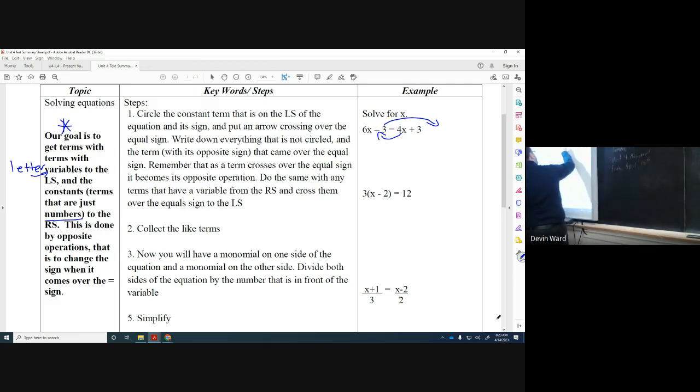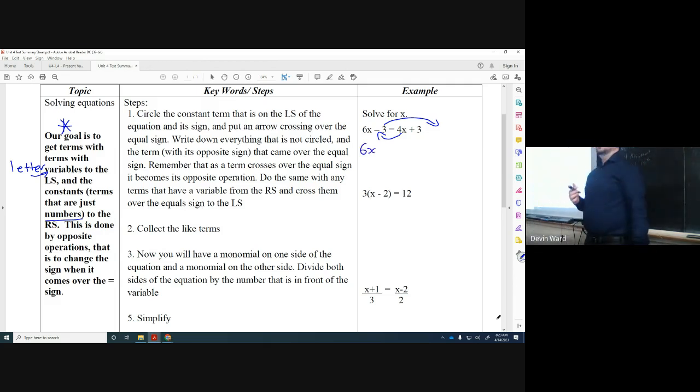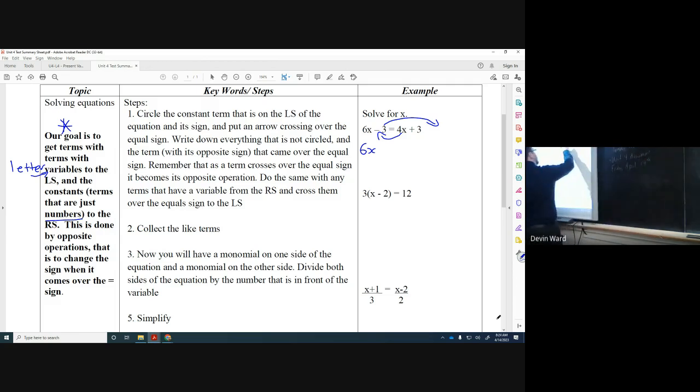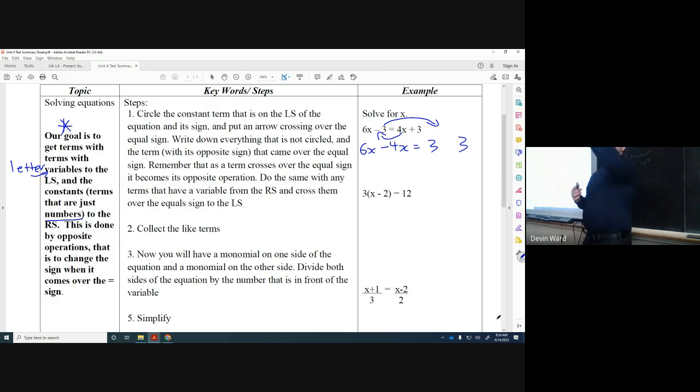So I still have 6x, but then when the 4 comes over, it's going to become what? Negative. Good. -4x equals, I still have this 3, and then the other 3 was negative on the left, so it'll be positive. Good. On the right.